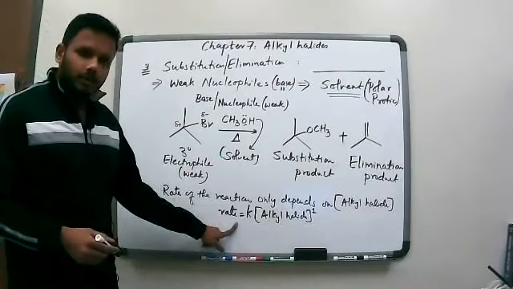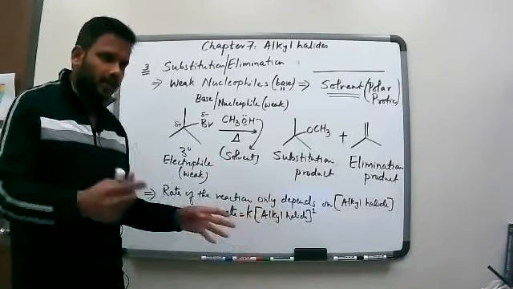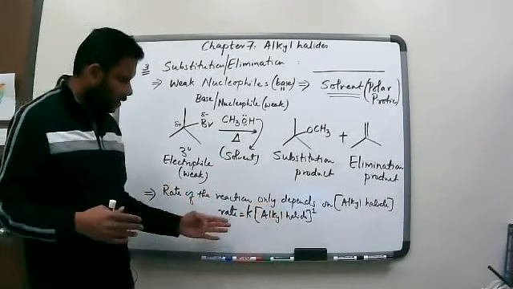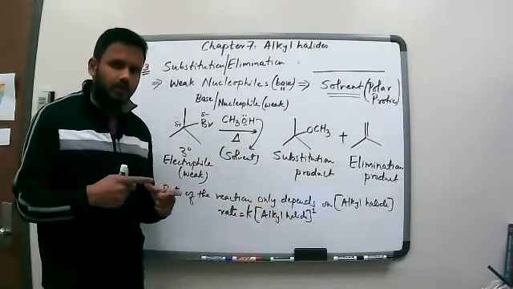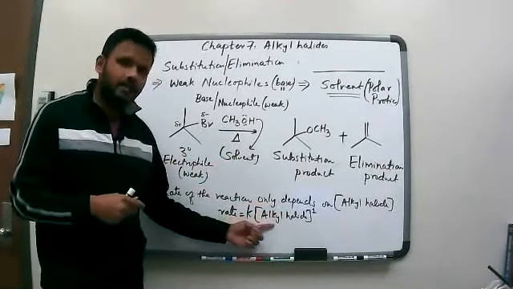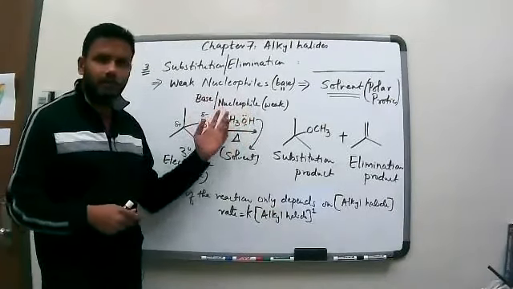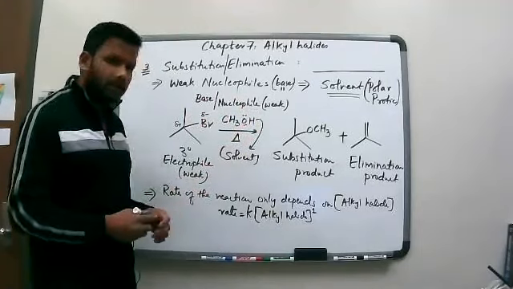The rate only depends on the concentration of the alkyl halide. So going back to some of the previous discussions, what that means is our reaction has a step which only depends on the alkyl halide. The solvent does not show up, or the nucleophile or the base, whatever you define this as, in the rate limiting step.